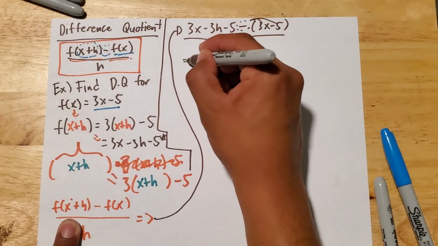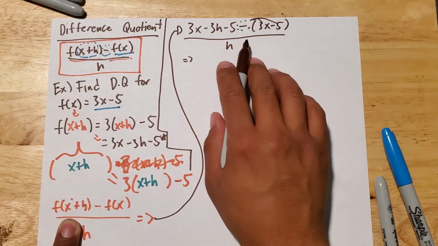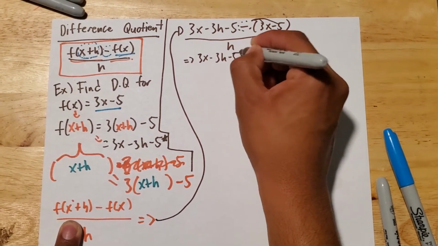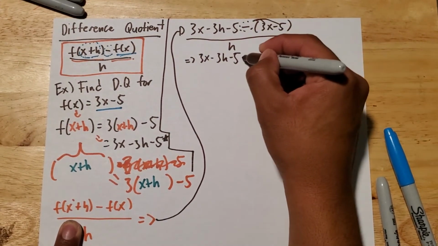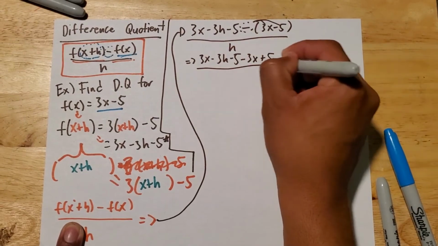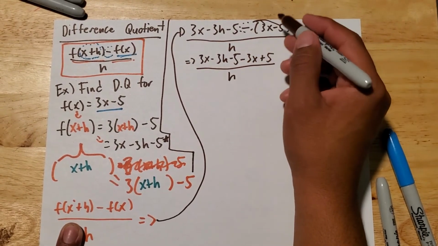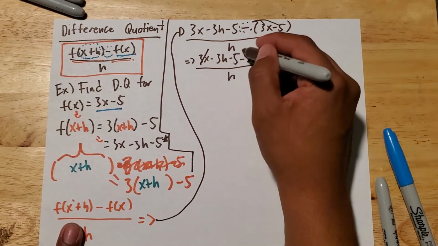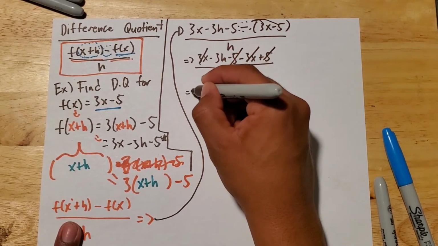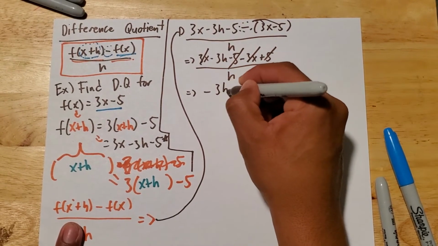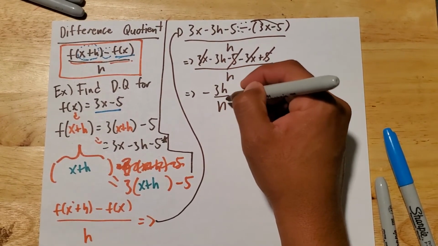Which then I can simplify a little bit, because I'm going to have 3x minus 3h minus 5. And once I distribute this negative, that's going to give me negative 3x plus 5 all over h. And then here, my 3x's cancel, my 5's cancel, and I'm left with just negative 3h over h.